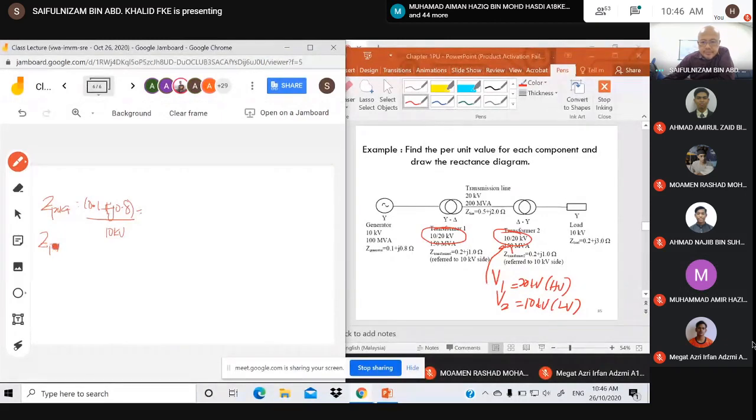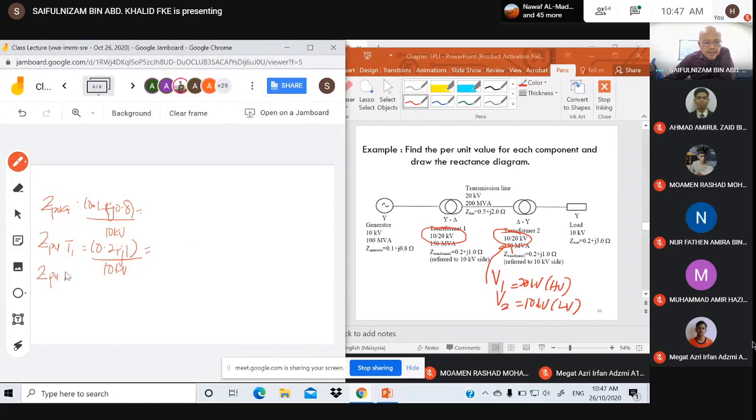ZPU for T1: the impedance is referred to the 10 kV side, 0.2 plus j1, divided by 10 kV, which is the LV or primary side. The base voltage at the primary side is the same, 10 kV, so you get the ZPU of T1.